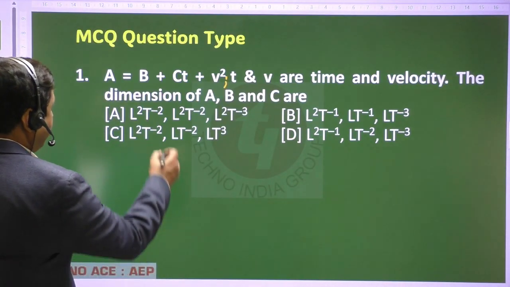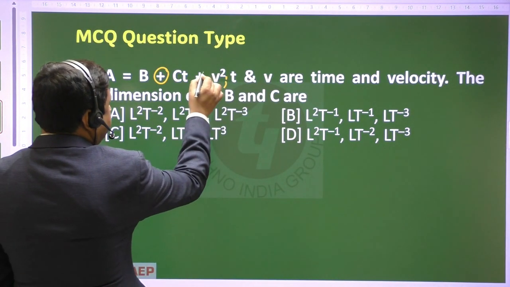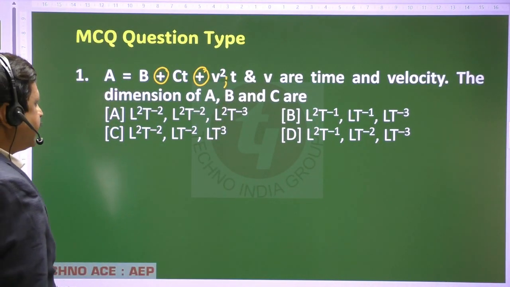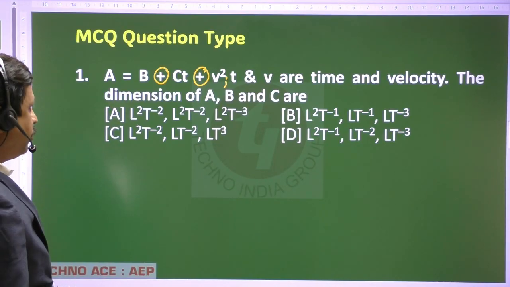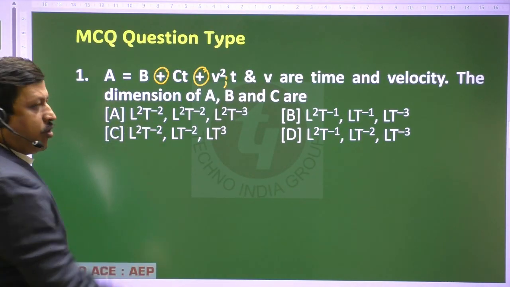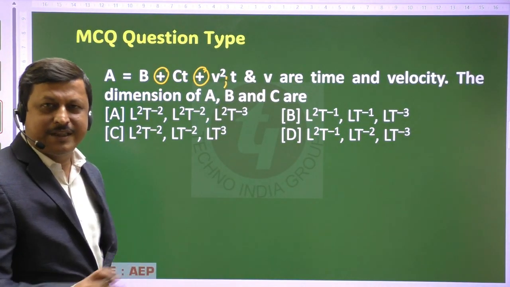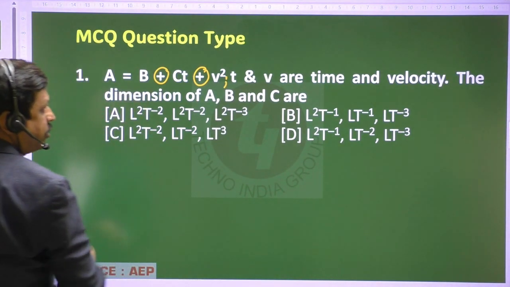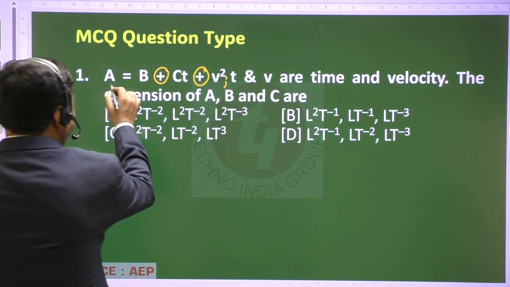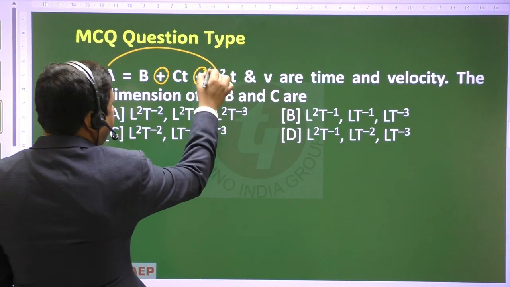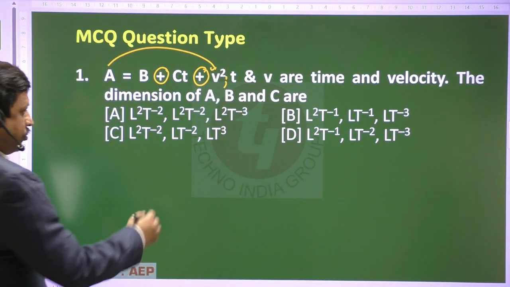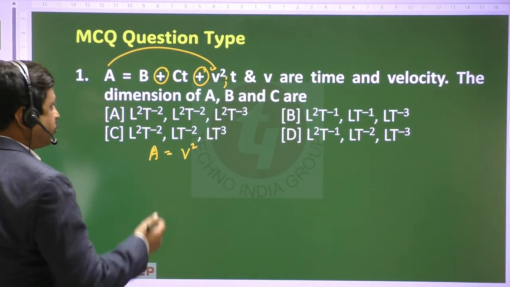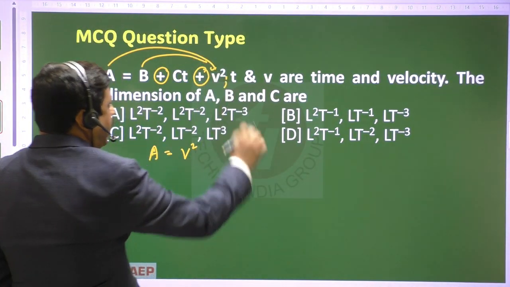You know that there is a summation of 3 terms: B, CT and V square. In case of summation, all the terms have the same dimension, right? So the dimension of A is the same as the dimension of V square, and B also has the same dimension as V square.